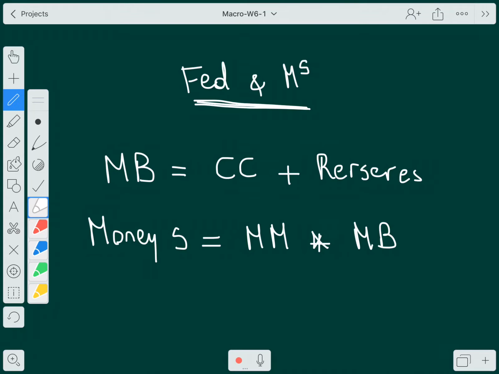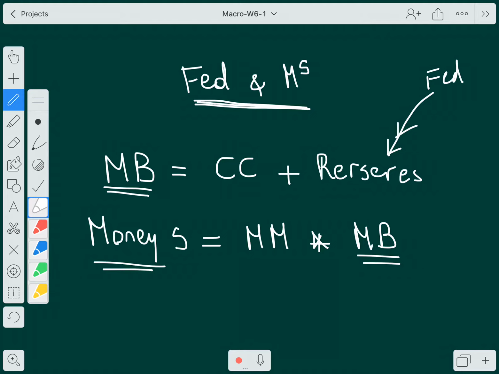Okay, so if the Fed can affect reserves, then it can affect the monetary base, and in turn the monetary base can affect the money supply.